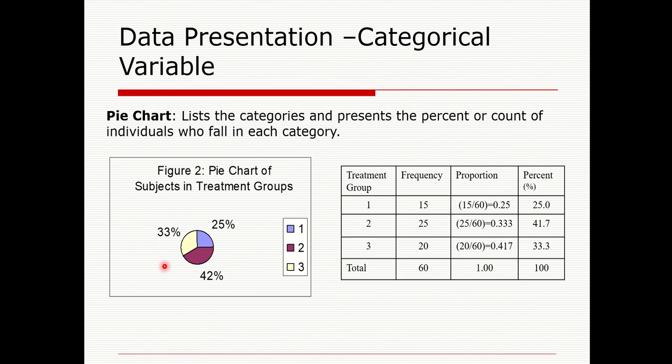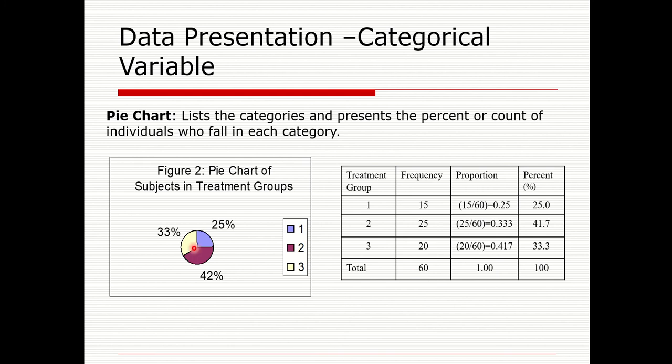Now here, pie charts stand for percentages, okay? If you have a pie, what is a pie? A pie is 360 degrees, it's 100%. We think of it as 100%, okay? And so here 33, 25, and 42 sum up to 100, okay?